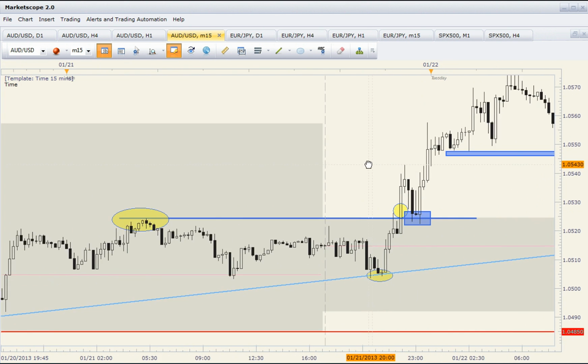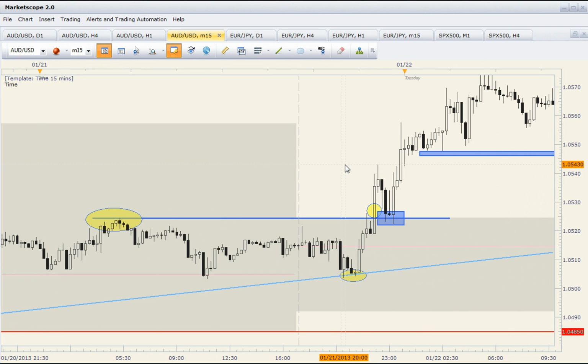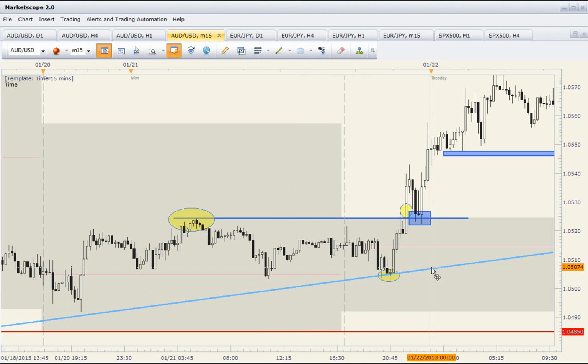And I could say if price comes back and tests this once-resistance level, take a long trade. If you're wrong, I would not want to see price go below this line. If price came below this line, it would mean this was a false break, and I would be wrong.